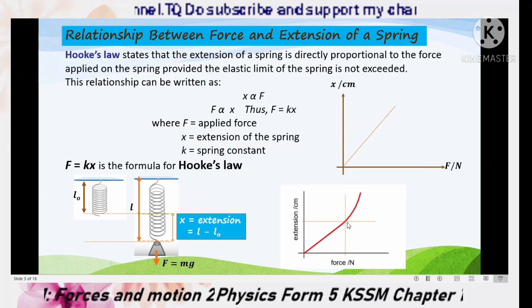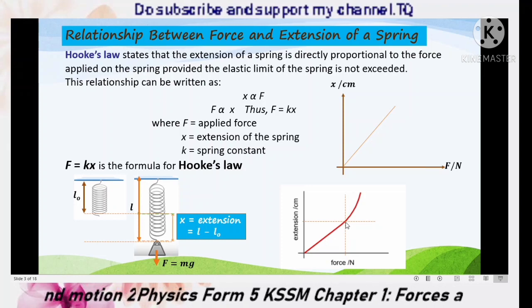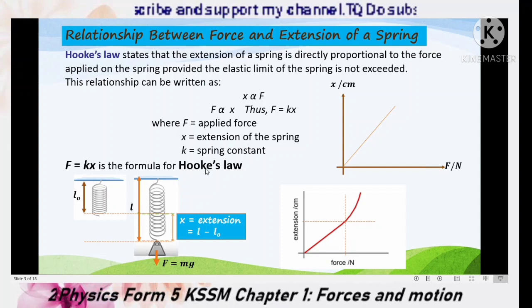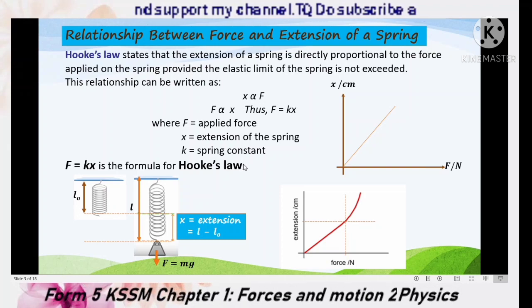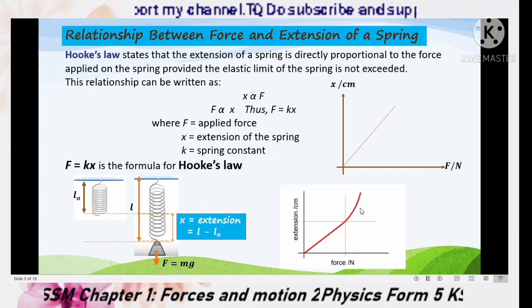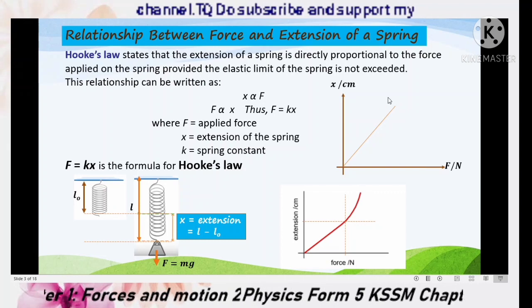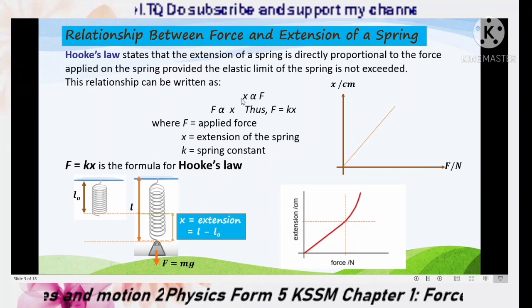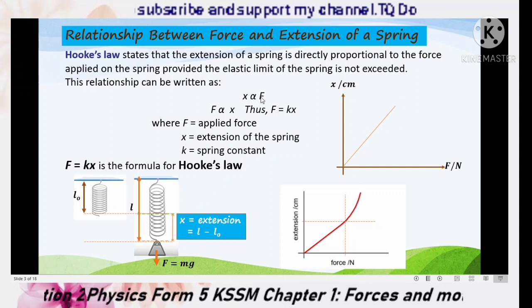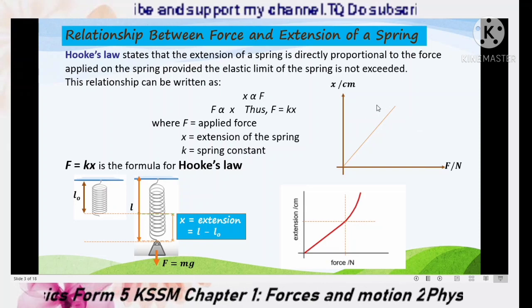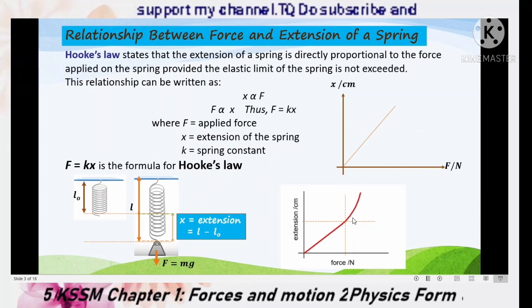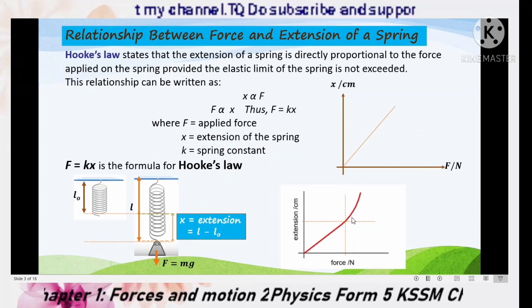If the line becomes curved, it means it does not obey Hooke's law anymore. So Hooke's law is not valid here, because Hooke's law always states that x is directly proportional to F, where the graph should be a straight line. So what does this mean?